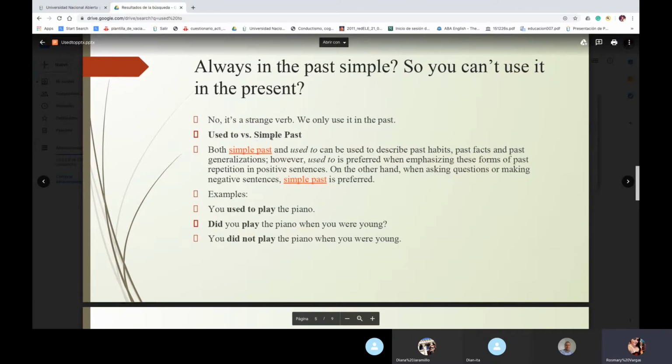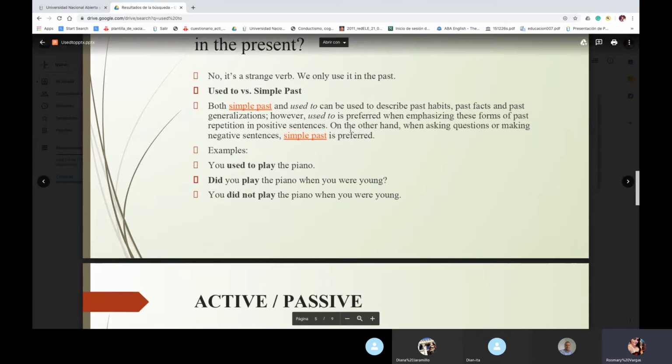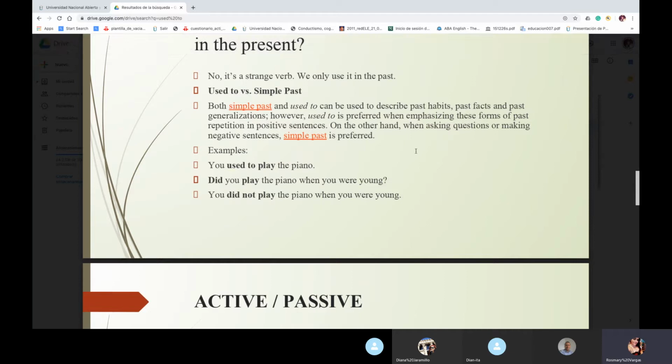"Used to" versus simple past. Both the simple past and "used to" can be used to describe past habits, past facts, and past generalizations. However, "used to" is preferred when emphasizing these forms of past repetition in positive sentences.